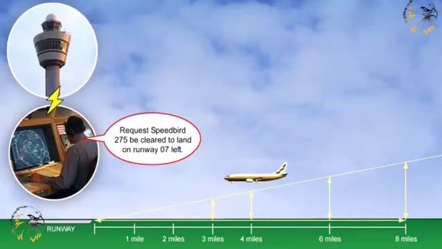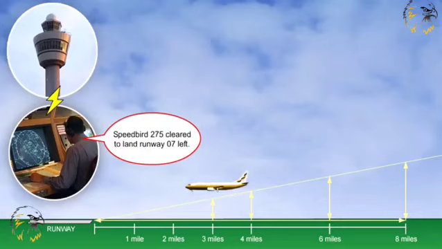Should clearance to land not be received by the radar controller by the time the aircraft has reached 4 nautical miles, then the aerodrome controller will be asked again for clearance to land. In any event, clearance must be issued by the aerodrome controller to the radar controller for onward transmission to the pilot before the aircraft reaches a point 2 nautical miles from touchdown.